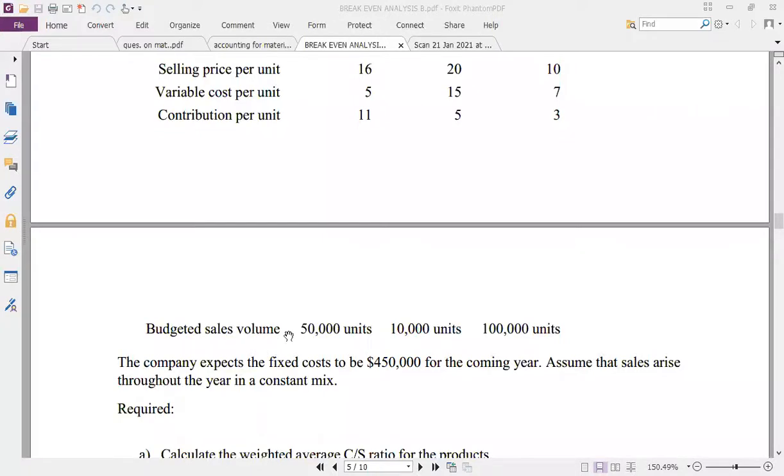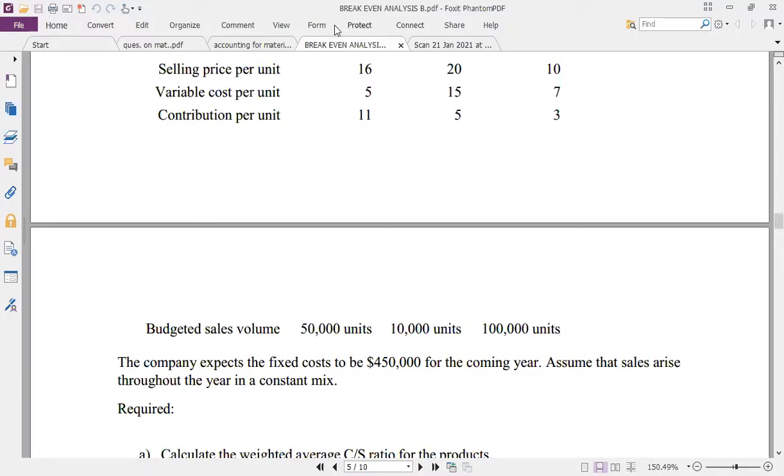Let's calculate the mix from the question given to us, although we did it. The budgeted sales units are 50,000, 10,000, and 100,000. So that would be 5 is to 1 is to 10.